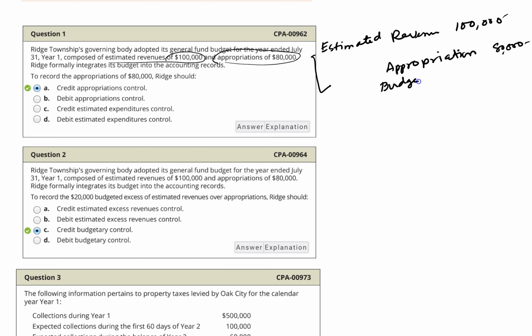They're going to record this remainder as budgetary control fund, or you can also label it as surplus, which is 20,000. So that's the basic journal entry they're going to do at the beginning of the year. So now to record the appropriations, what they should do is credit the appropriations control. So the answer is A.